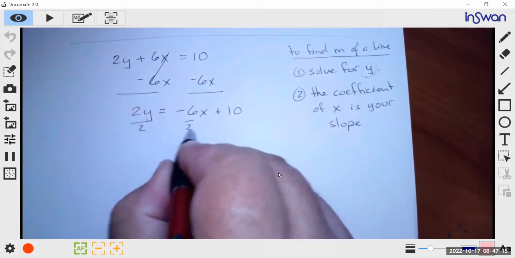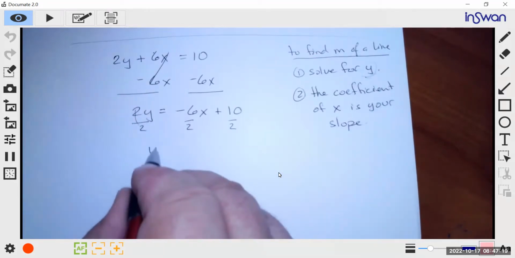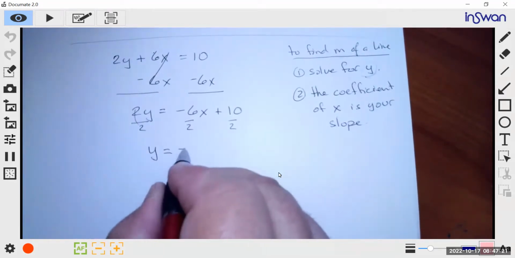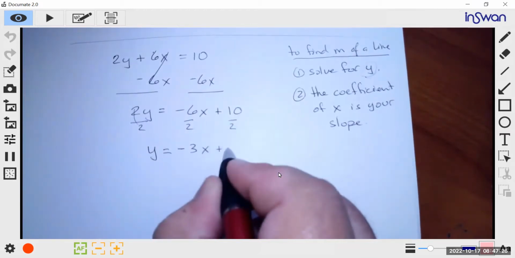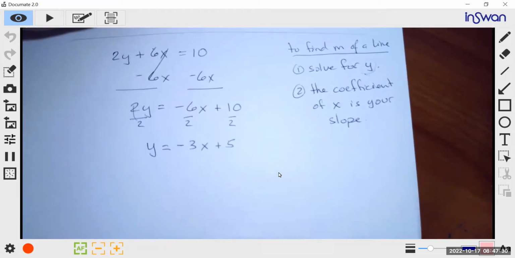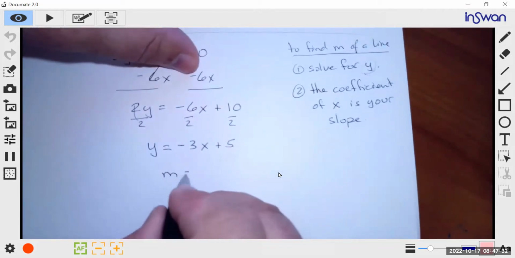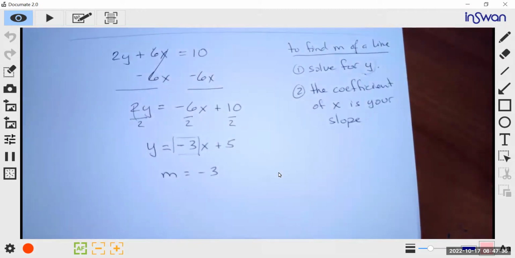Divide each term by 2. Negative 6 divided by 2 is negative 3. 10 divided by 2 is 5. So my slope is negative 3. It's the coefficient of x.